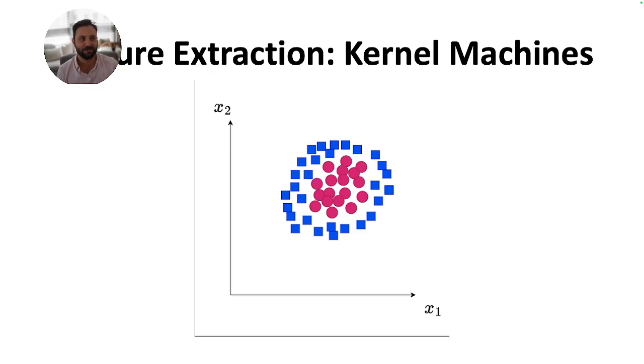So for example, look at this data set. We collect two measurements from a cohort. This is a very famous, non-linearly separable but easily approachable problem presented when kernel machines are being introduced. So let's assume that we collect x1 and x2.